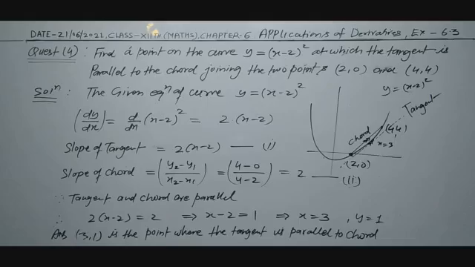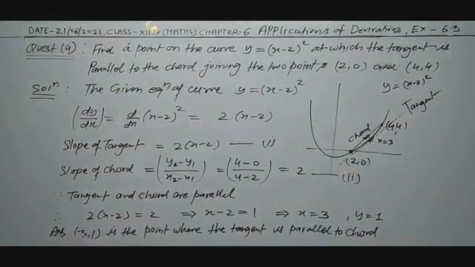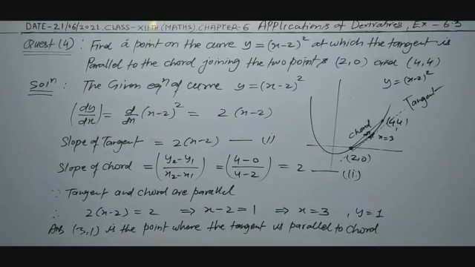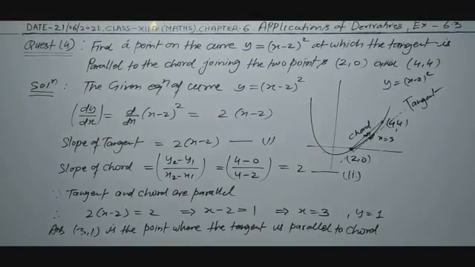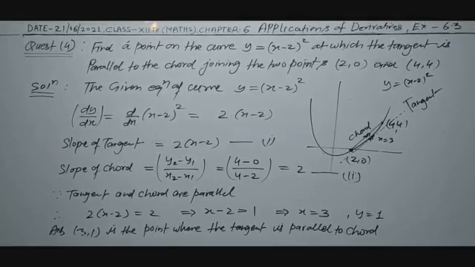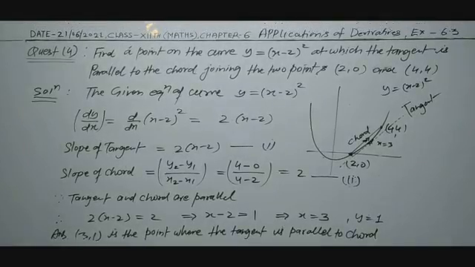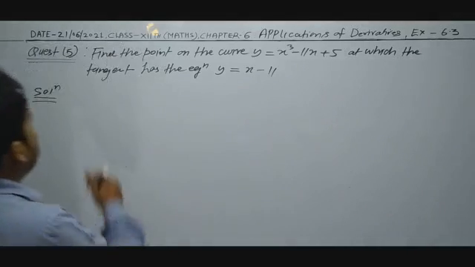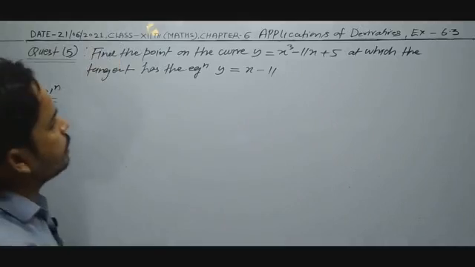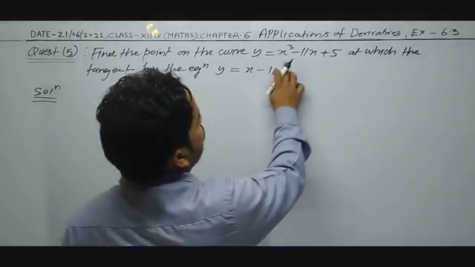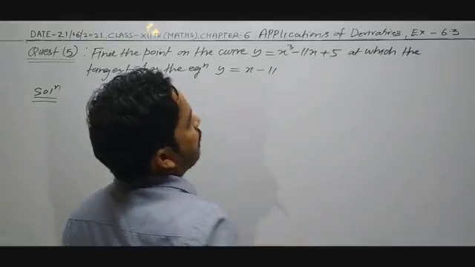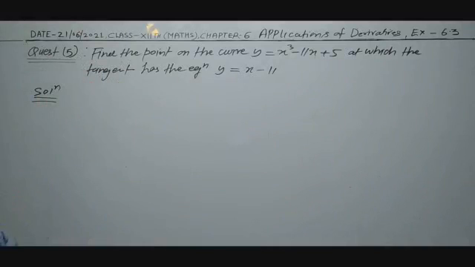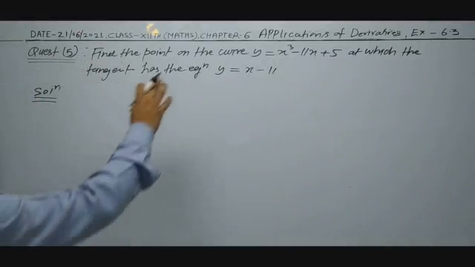Now see, now come to question number 5. Question number 5 is: find the point on the curve y is equal to x cube minus 11x plus 5 at which the tangent has the given equation. The equation of the tangent is given, and the equation of the curve is given.